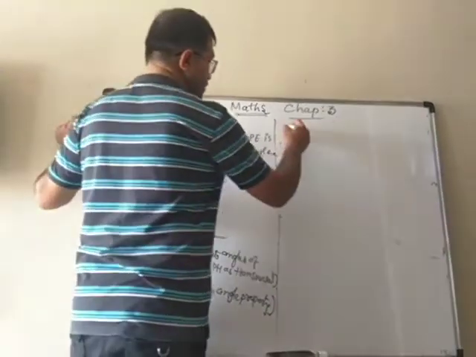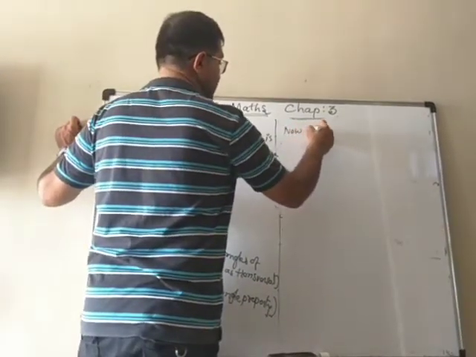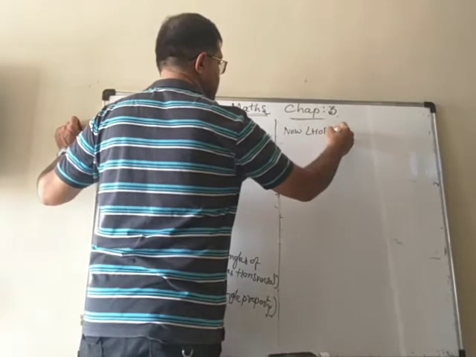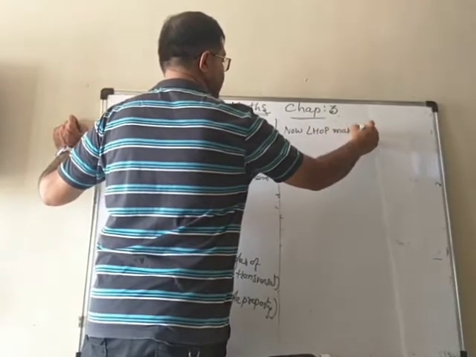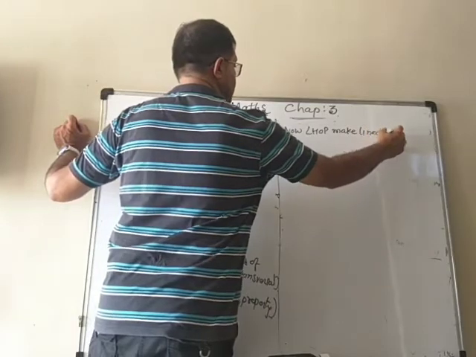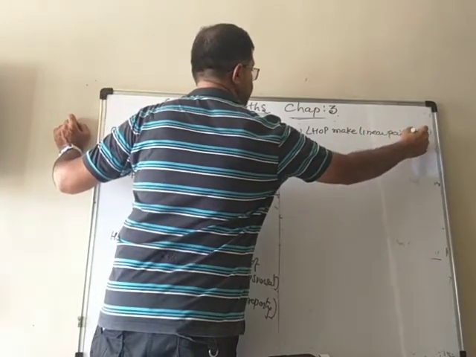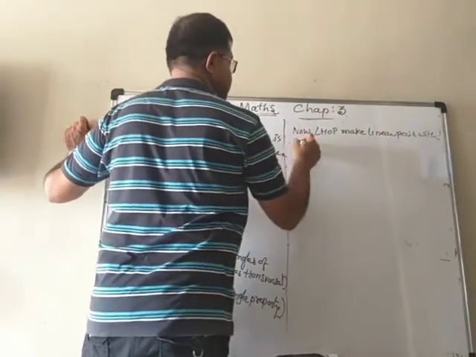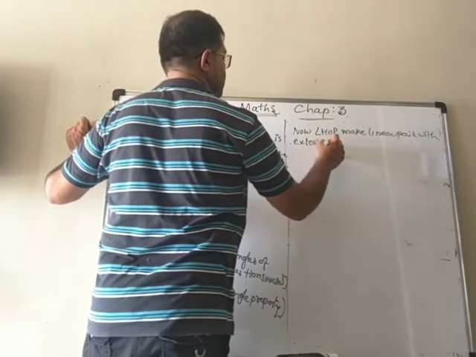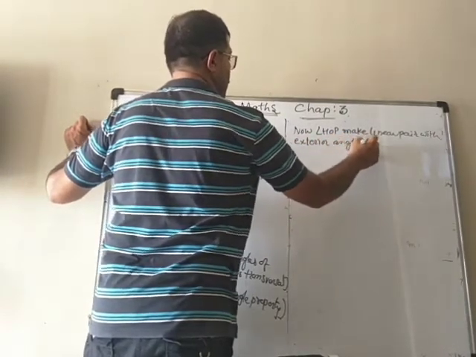So here we will write down now angle HOP makes a linear pair with exterior angle of 70.